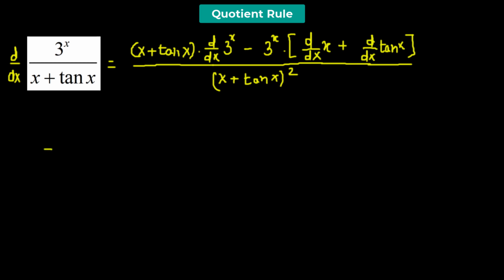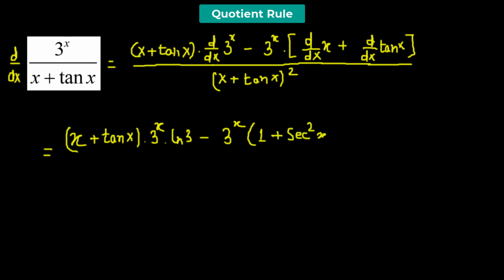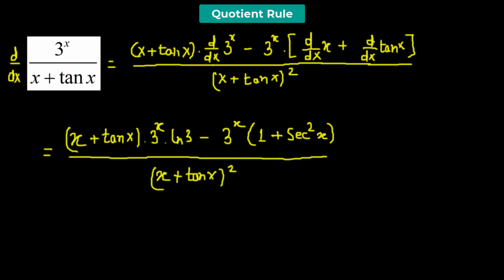divided by, so we'll get x plus tangent of x times, so derivative of 3 raised to the power of x will be 3 raised to the power of x multiplied by natural log of 3 minus 3 raised to the power of x multiplied to derivative of x will be 1 plus derivative of the tangent function is secant squared x divided by x plus tangent of x whole squared.